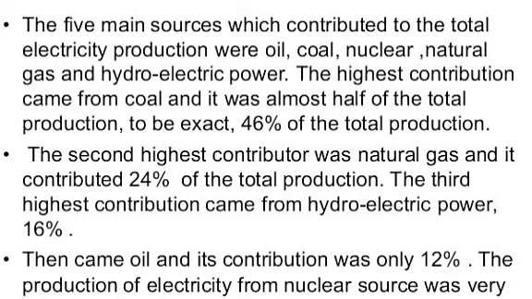And then the second highest contributor was natural gas, and it contributed 24% of the total production. The third highest contribution came from hydroelectric power, 16%. Then came oil, and its contribution was only 12%. The production of electricity from nuclear source was very little, and at that time it was 2% only.